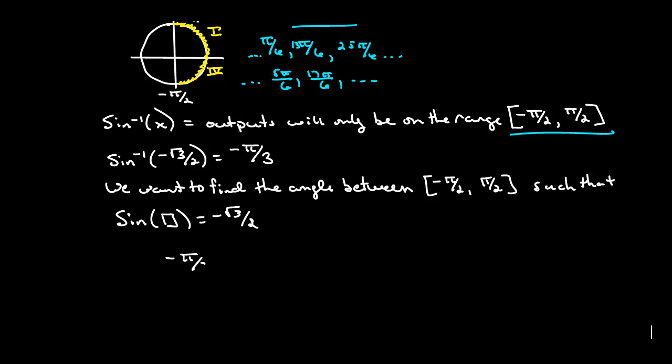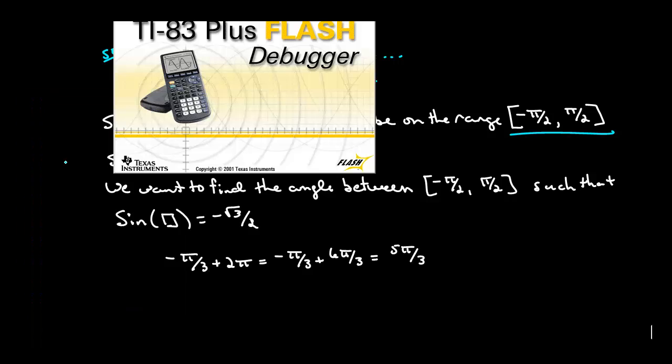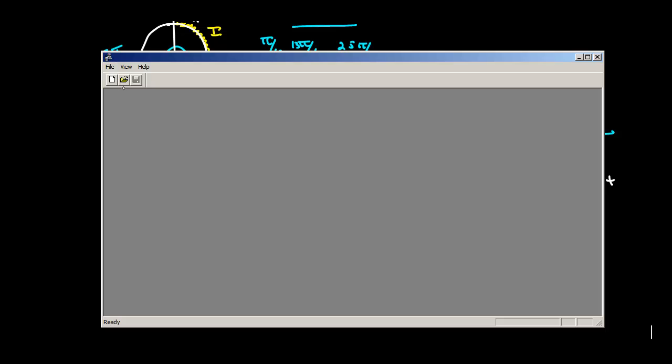Negative pi over 3 plus 2 pi is negative pi over 3 plus 6 pi over 3, which is 5 pi over 3. So at 5 pi over 3, the sine value, if I grab my calculator here, let's see if we can get this to work. Sometimes it doesn't like to work on the recording, but let's check it out.